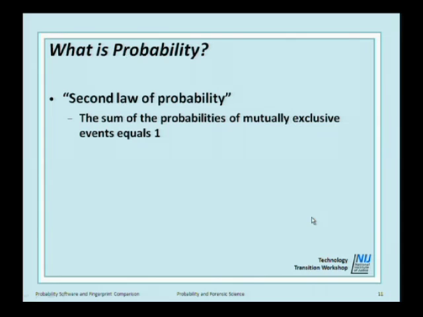Okay, we have a second law of probability, and this says the sum of probabilities of mutually exclusive events equals 1. So what do we mean by that? Well, a mutually exclusive event means that either the event can take place or another event can take place, but neither of them simultaneously. So if you think about event A and event B, if A happens, B cannot happen, and if B happens, A cannot happen.